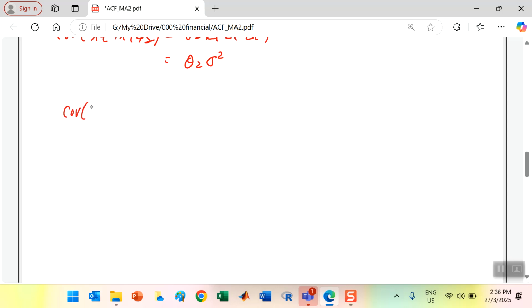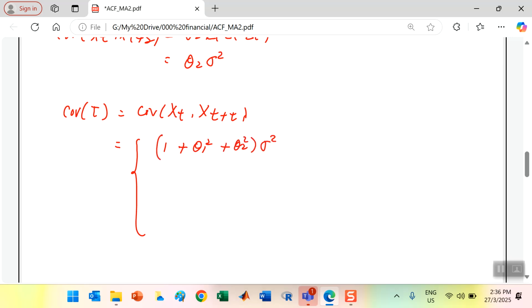So in this way we can form the covariance function. The covariance of, let's say, X_t and X_{t+tau}, or X_{t-tau}, it's the same. So you're going to have 4 types of value. For tau equal to 0, first you have (1 + theta 1 square + theta 2 square) times sigma square. So this is when tau is 0.